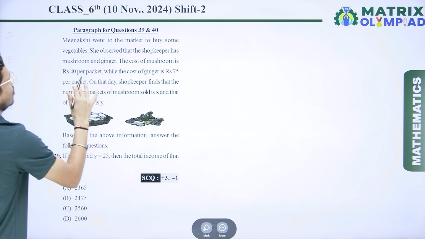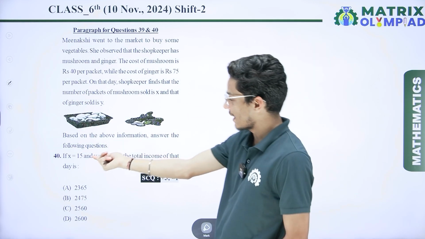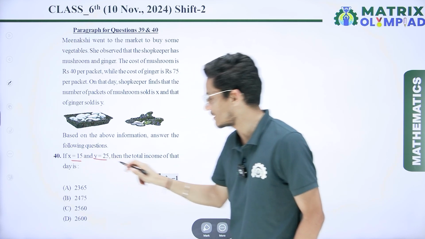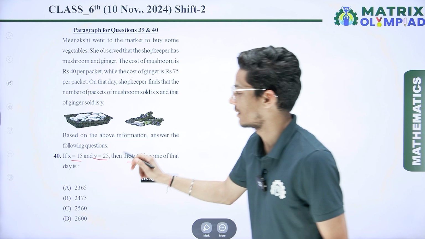Now the next question is again based on the same paragraph, and here we have a question: if x is equal to 15 and y is equal to 25, then what is the total income of that day?